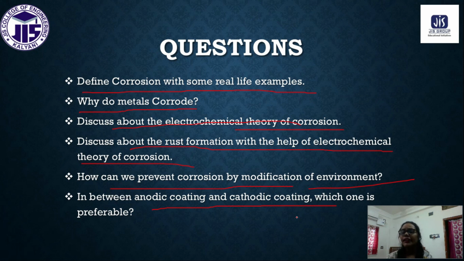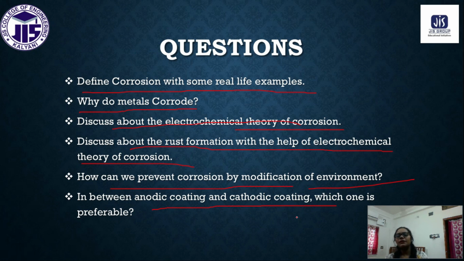But for cathodic coating, the base metal is again iron and the coated metal is tin, which has a lower oxidation potential. Oxygen will choose the iron first and then react with the tin, so with cathodic coating we cannot protect our base metal. That is why anodic coating is more preferable than cathodic coating.